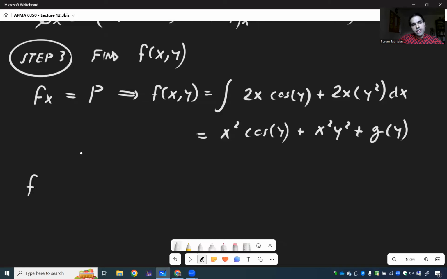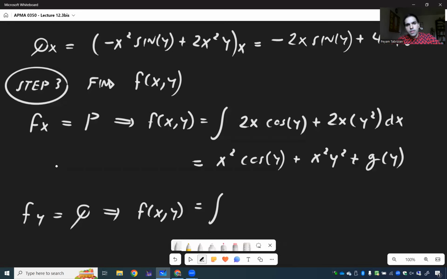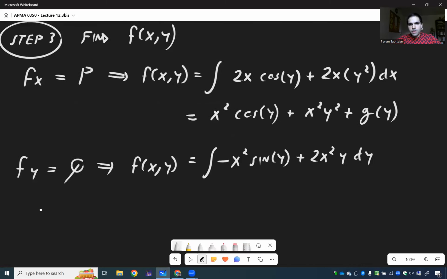And then same thing, so f_y is q. So f of x, y is now the integral of q, which was minus x² sin y plus 2x² y, dy. Now remember, an antiderivative of sin y is minus cosine.